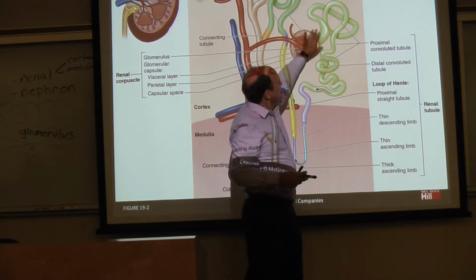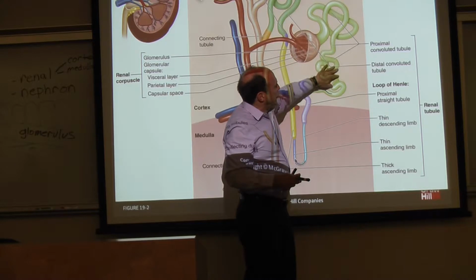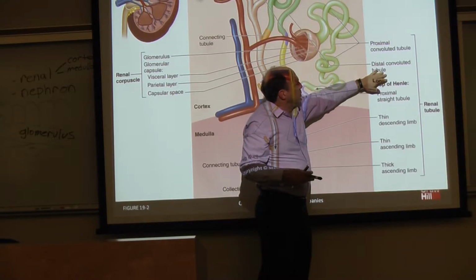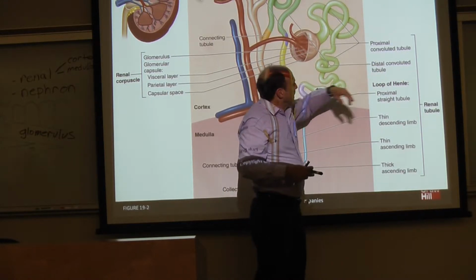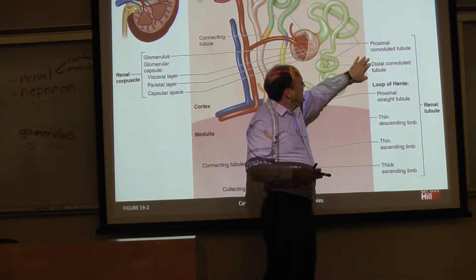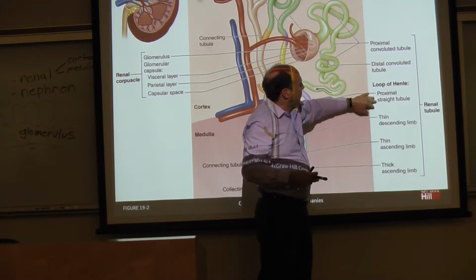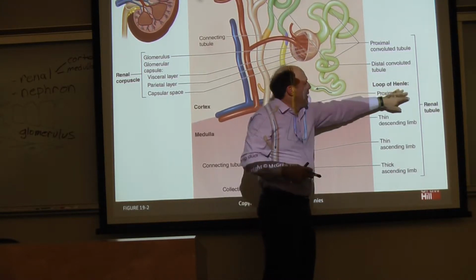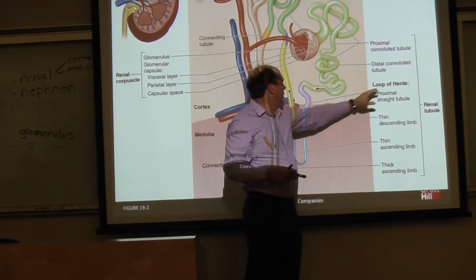And it's taken away by a set of convoluted tubes, tubules and tubes. The tubule is proximal, distal, loop of Henle, which I think everybody's heard of before.